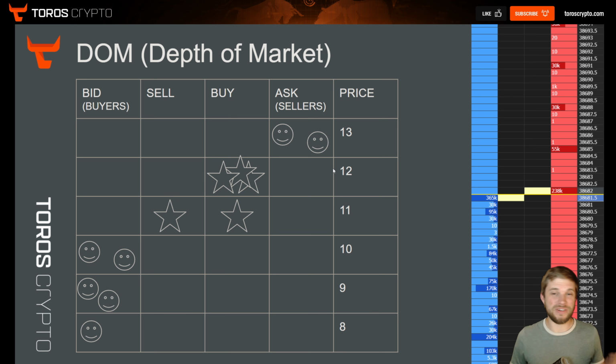They hate Taurus, they hate the t-shirt, they don't want it anymore. So they step in and they're like, you know what, I'm not even going to wait for these asks or bids to balance things back up. I'm just going to get rid of it. So they then make a market sell at $10, which then removes this person here from the market.